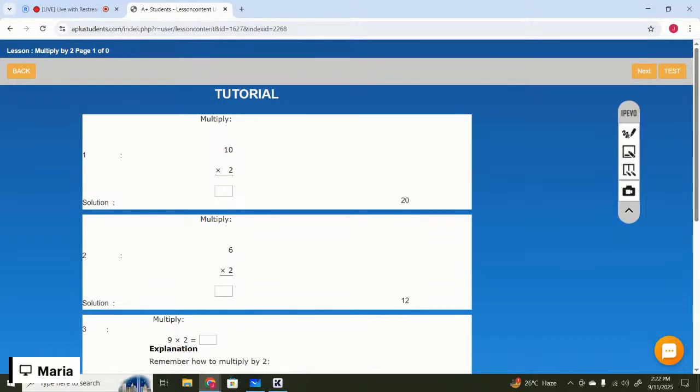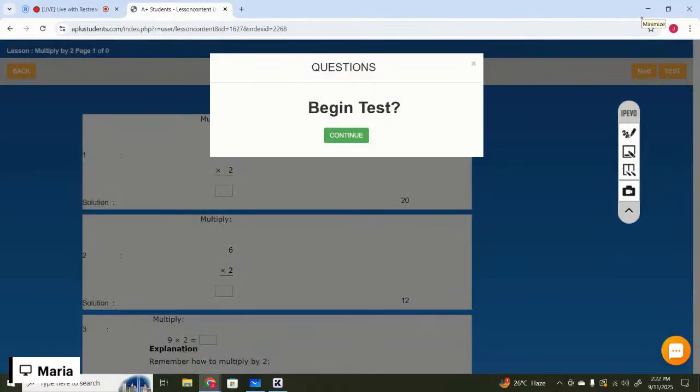You can't do division if you are not good with multiplication tables, right? Let's just start with the test questions.